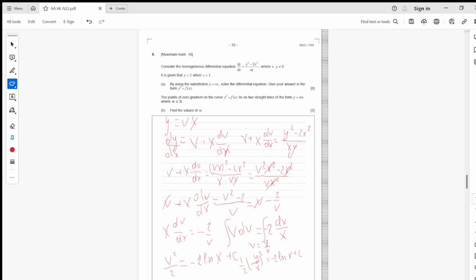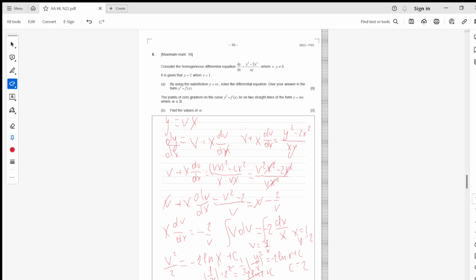Let's calculate the constant c when x is equal to 1, y is equal to 2. So we will get 1/2 times 2 squared is equal to minus 2 natural log of 1 plus c. This is 0, this is 2, so c is equal to 2.